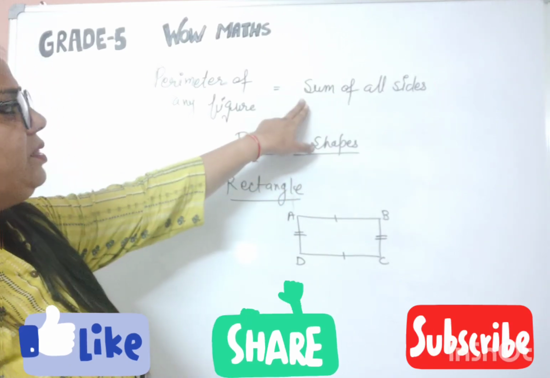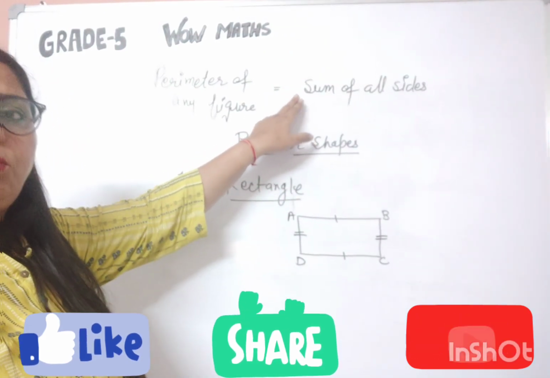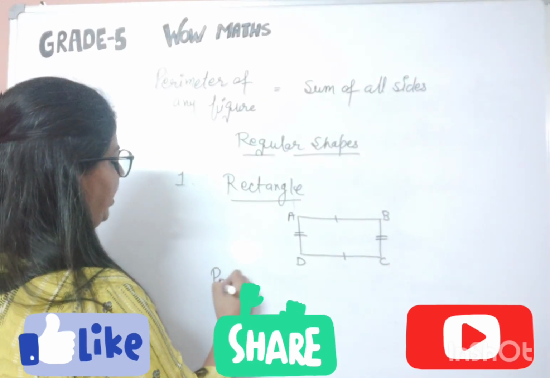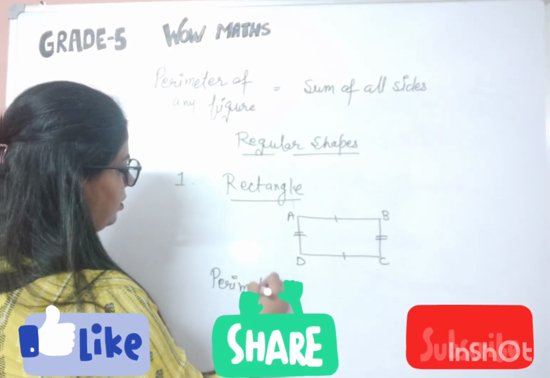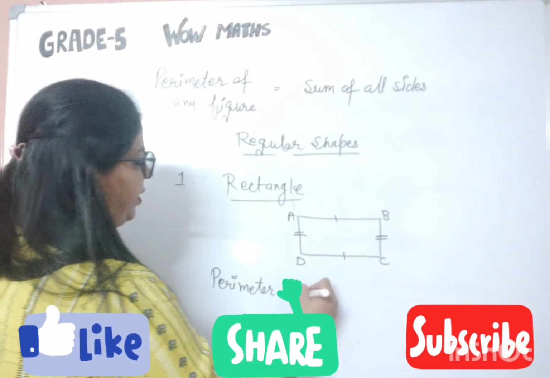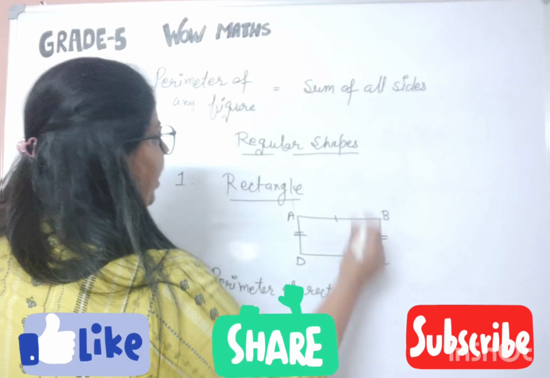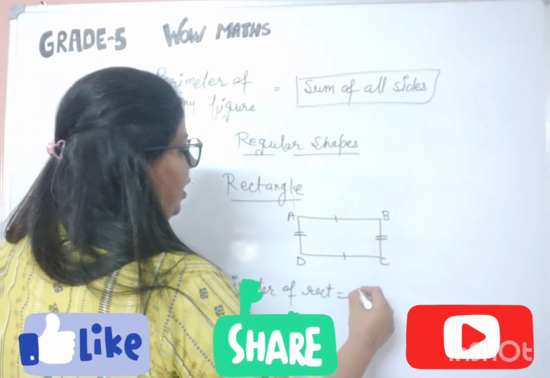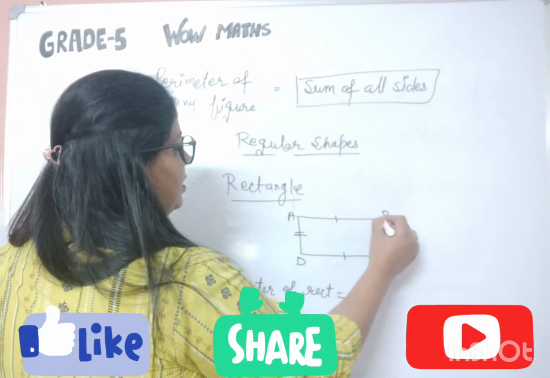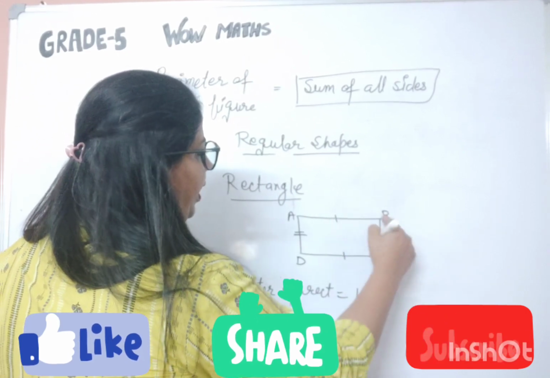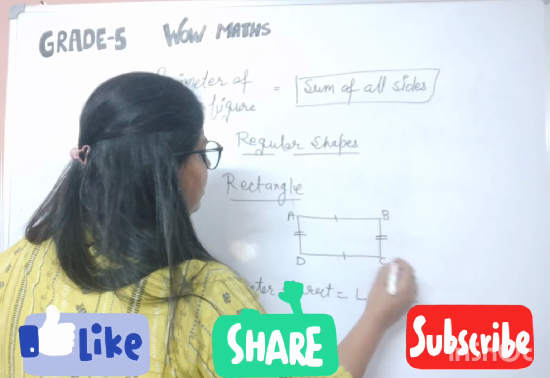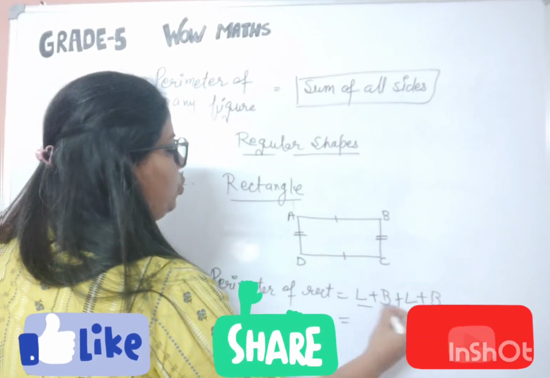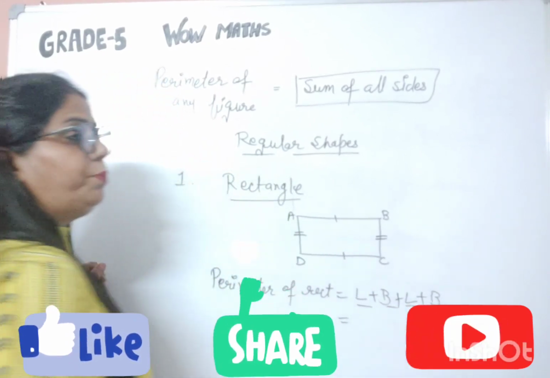If we go by this formula and I want to write down the perimeter of the rectangle, how can I write it? Perimeter of a rectangle is the sum of all sides. There is first the length, then the breadth, then again the length and the breadth. So there are two lengths and two breadths.